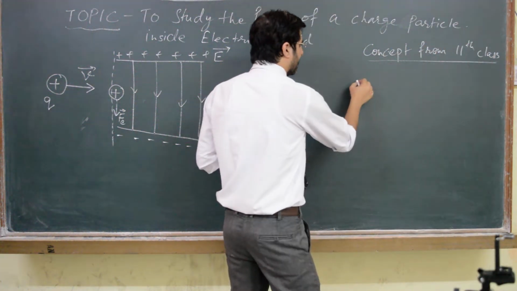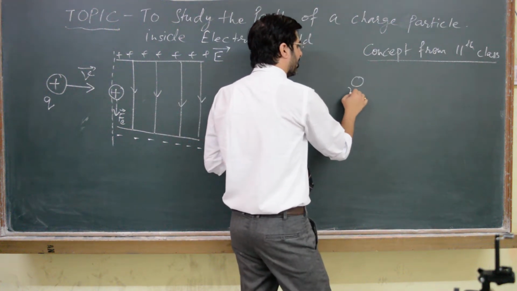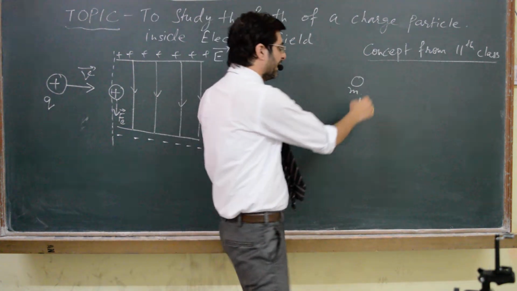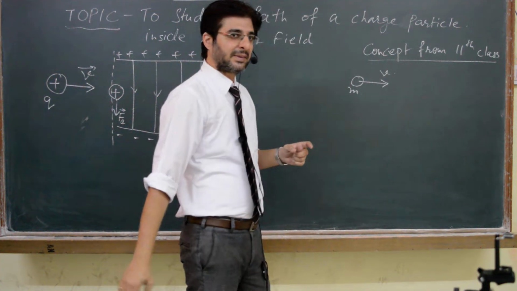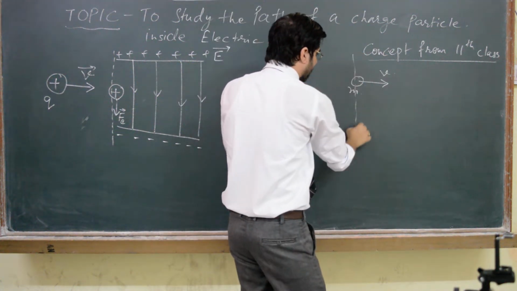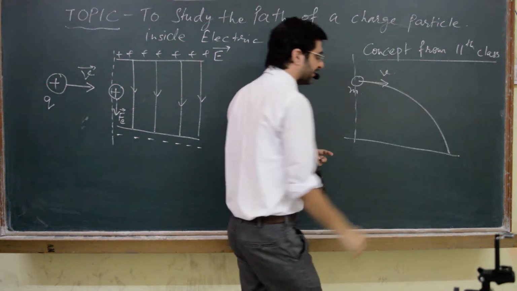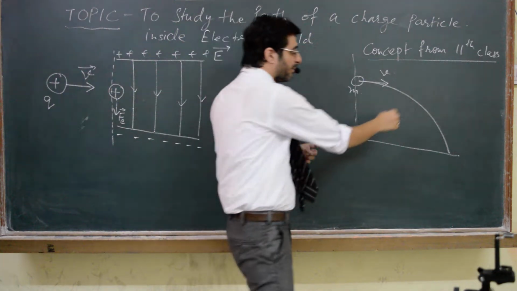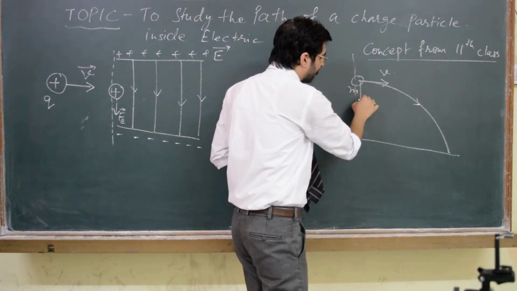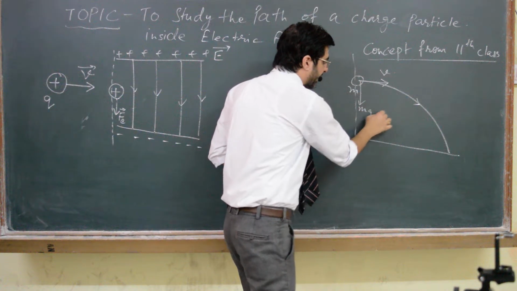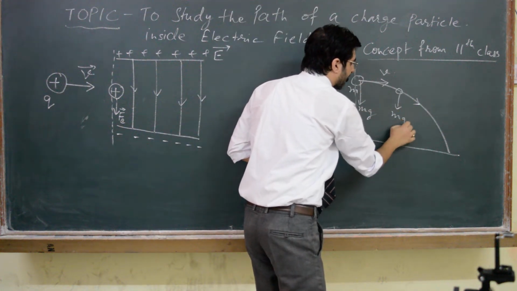In horizontal projectile, when any object of mass m is thrown horizontally with some velocity, the path of this mass becomes like this because of gravity. Gravitational force is acting on this mass in the downward direction, and the path of the projectile becomes parabolic.